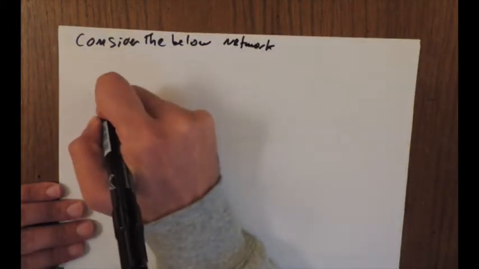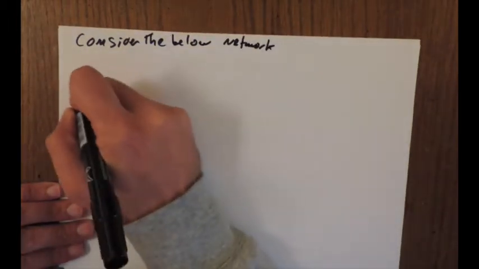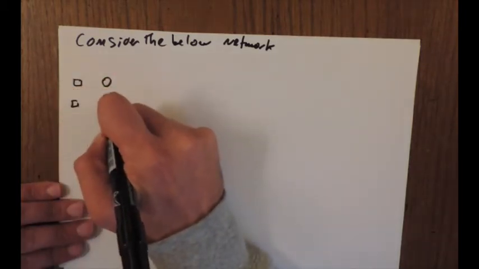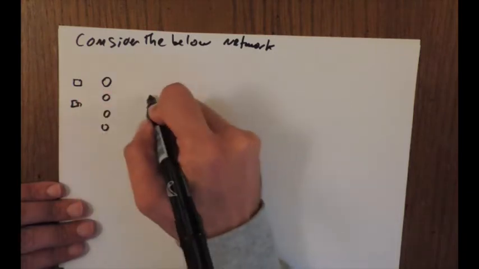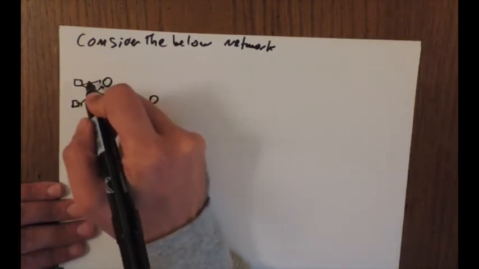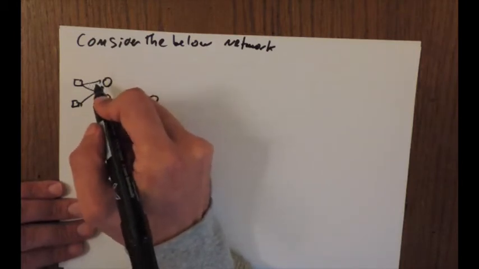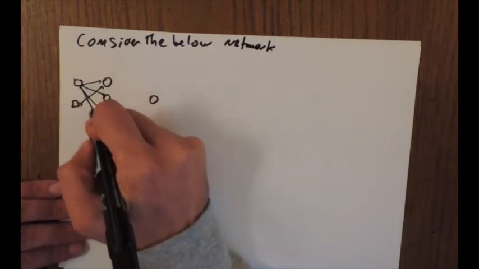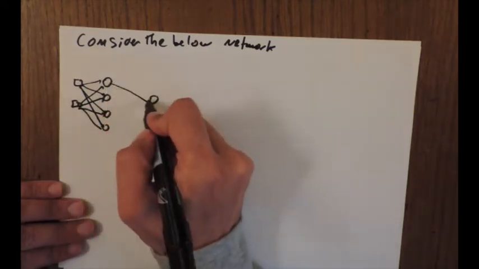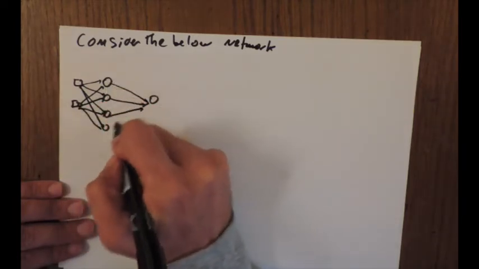Let's say we have 2 inputs, 4 hidden neurons and 1 output. Of course, each input will be connected to all the hidden neurons, and these in turn will be connected to the output layer.